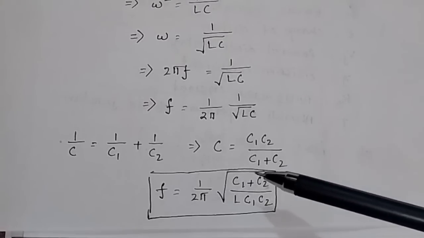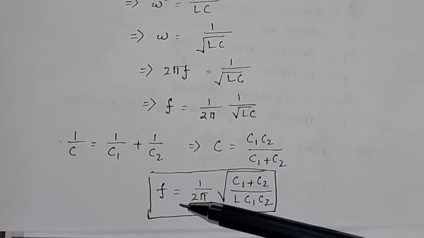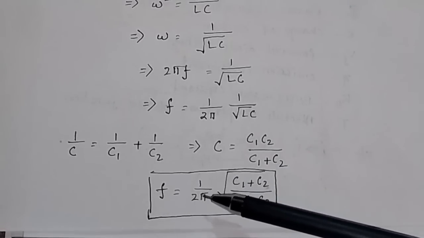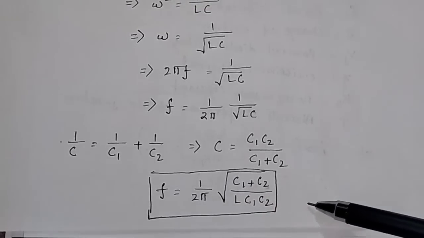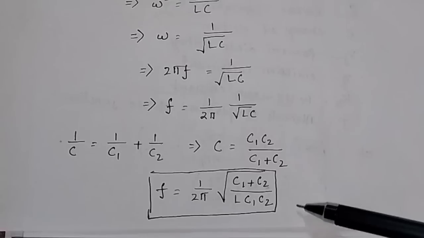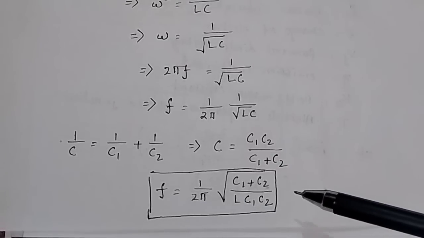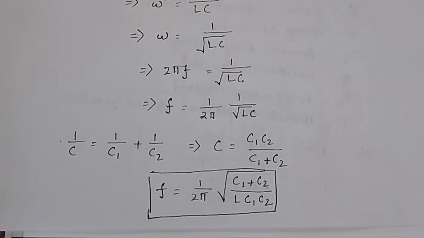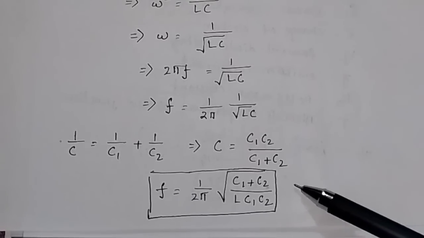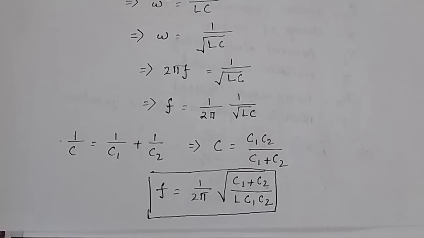If you put this value of C here, then you will get the frequency of oscillation in the Colpitts oscillator, that is equal to 1 by twice pi square root of (C1 plus C2) divided by L C1 C2. This formula is very useful, and problems will come. You have to use this formula to solve the problem. So you should remember the frequency of oscillation for the Colpitts oscillator.